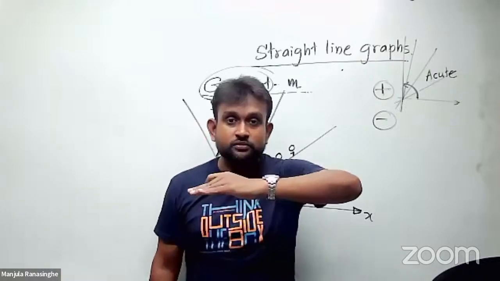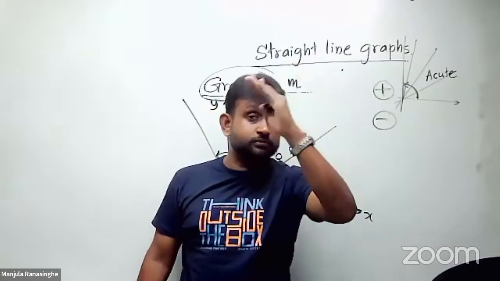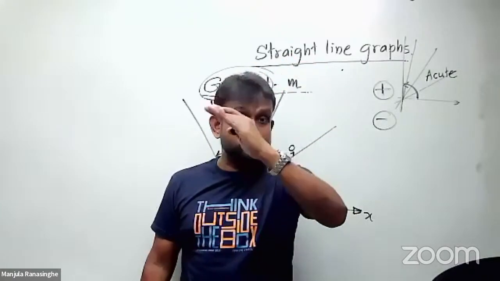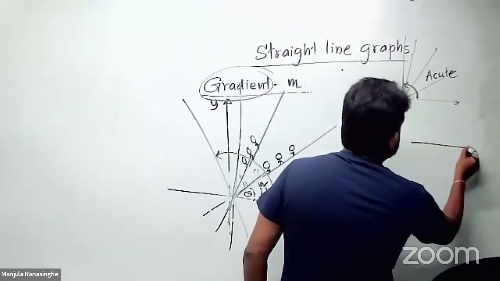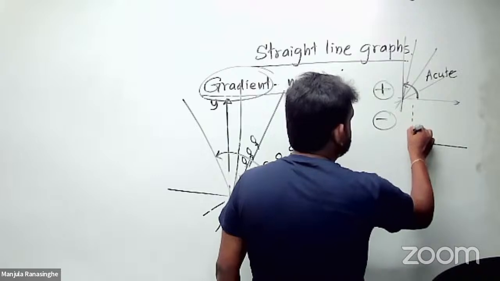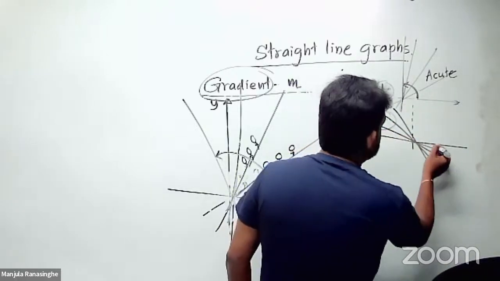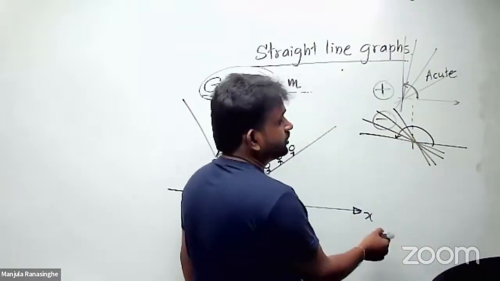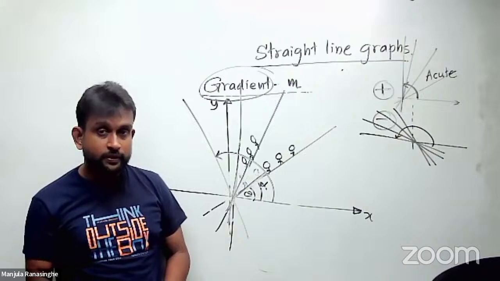See the shape, see the slope from here to here. All graphs with this shape have a positive gradient. But whenever it creates obtuse angles with the x-axis, like this way, then they have a negative gradient.